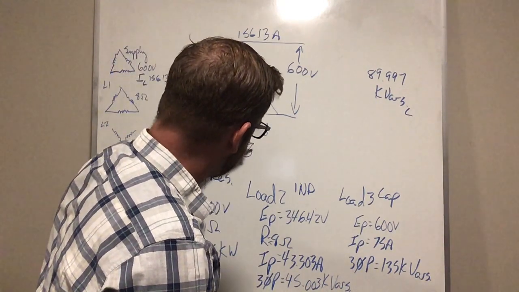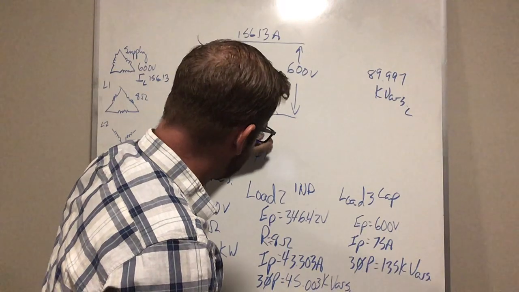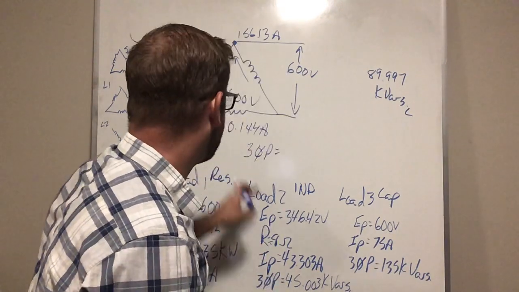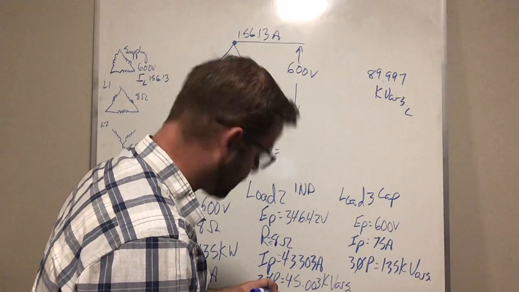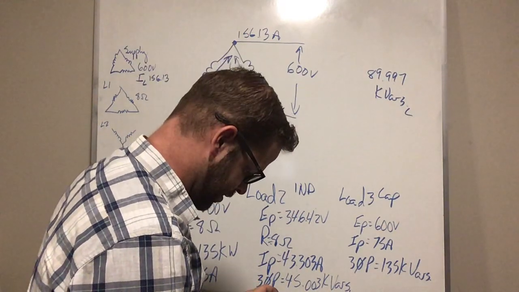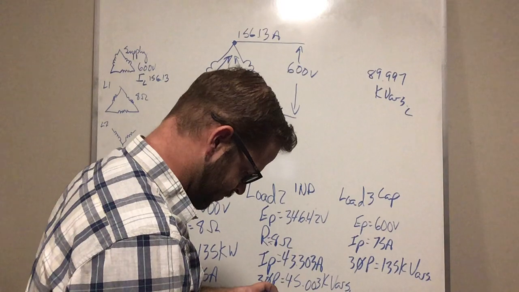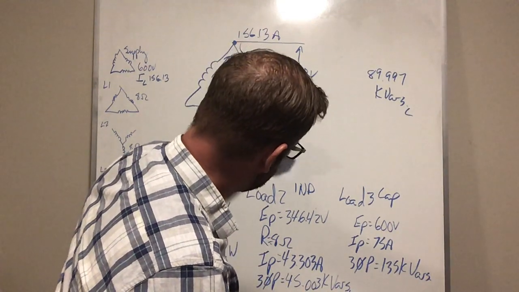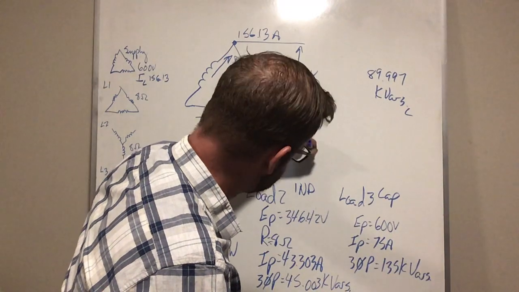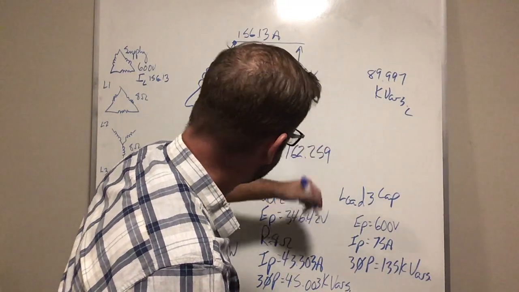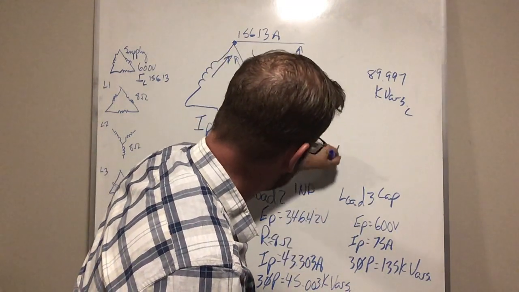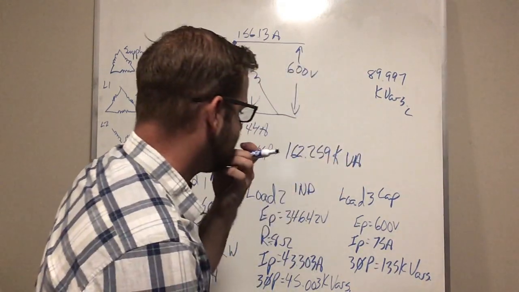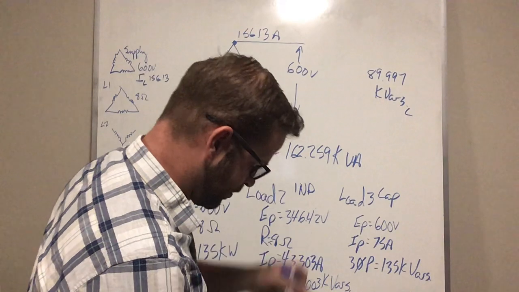So our three-phase power, which is going to be in volt amps, is going to be our I phase times 600 times 3, and it's around the same as the other, 162.259 kilovolt amps, and it was around that 162 value.